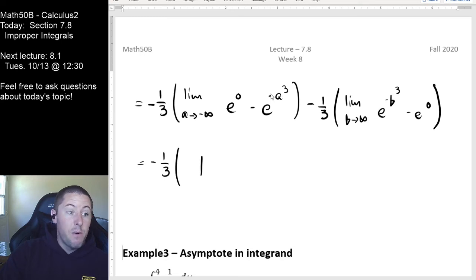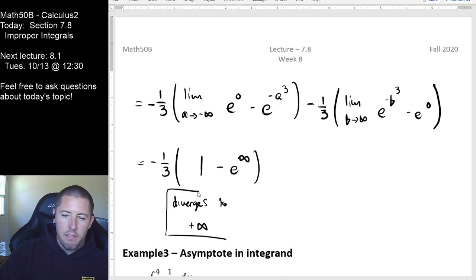That negative is a 4th copy of a negative. That's a positive on the infinity here. So it looks like I'm getting something like this. Notice I'm getting negative 1/3 times negative infinity. Looks like our left half is diverging to positive infinity.